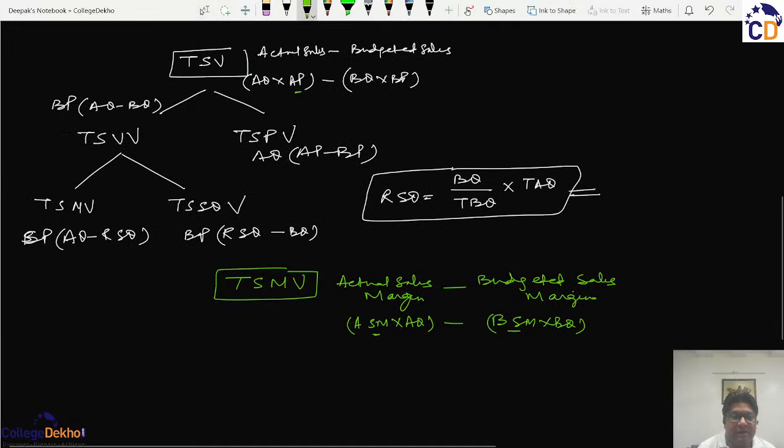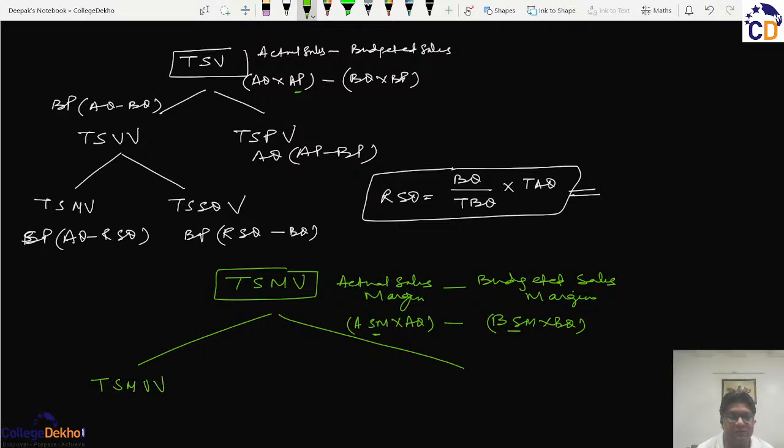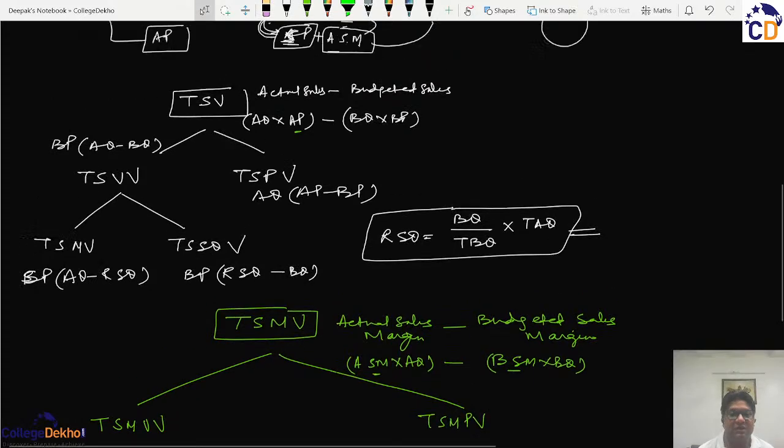So on the same lines, when this has been calculated, then to identify the reasons, it will be of two kinds: total sales margin volume variance and total sales margin price variance.